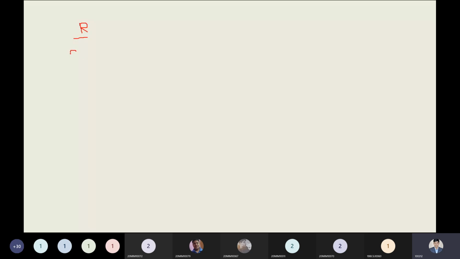We have a relation R with attributes A, B, C, D, and E. These are the various attributes held by the relation R. Now, first point, I'm just writing over here: an attribute which determines A. Can you tell me what kind of functional dependency this is?